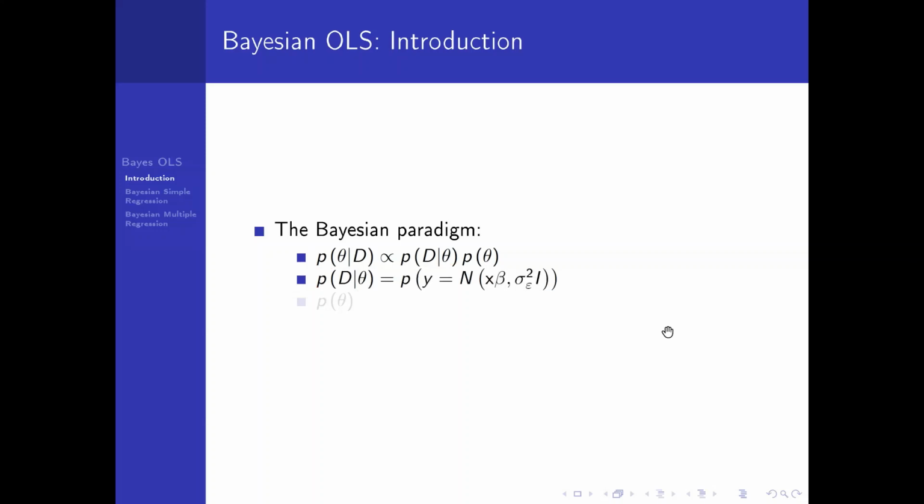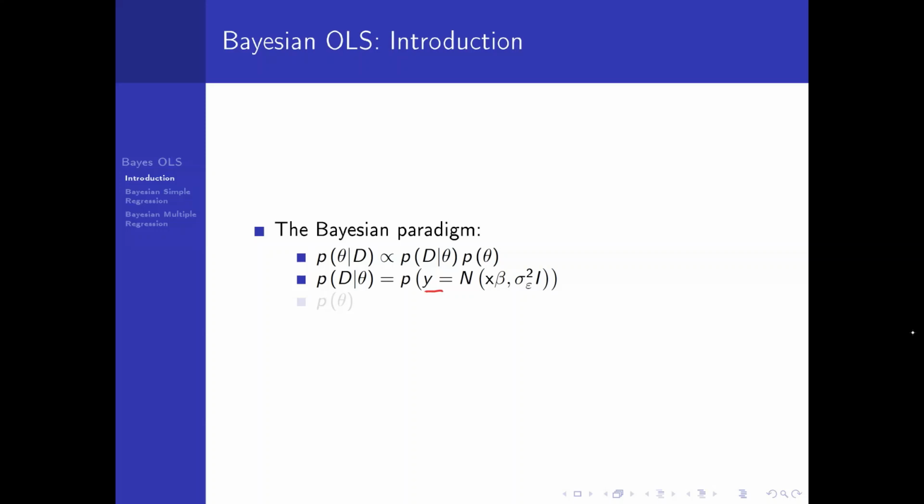And for Bayesian multiple regression, or Bayesian linear regression, usually the likelihood function is assumed to follow a normal distribution. So here we see y turns out to be a conditional y, conditioning on x and beta.